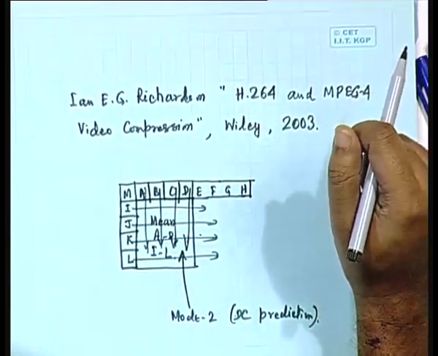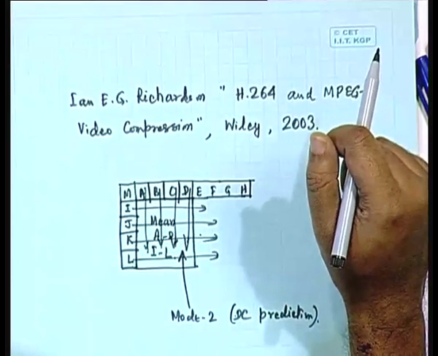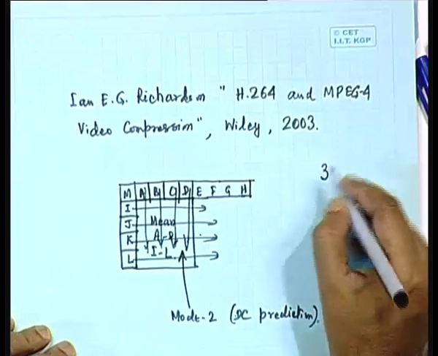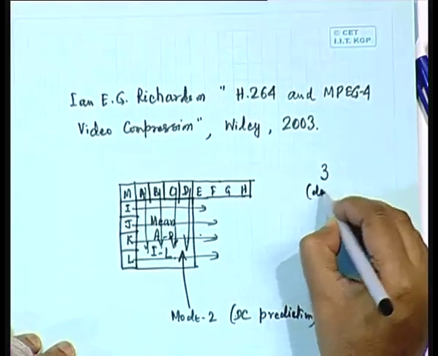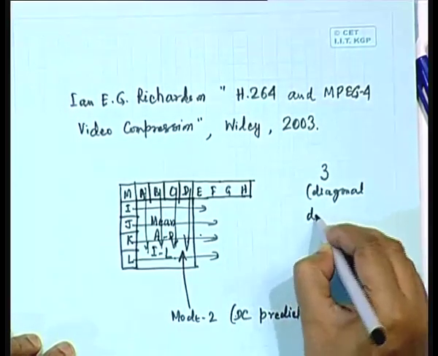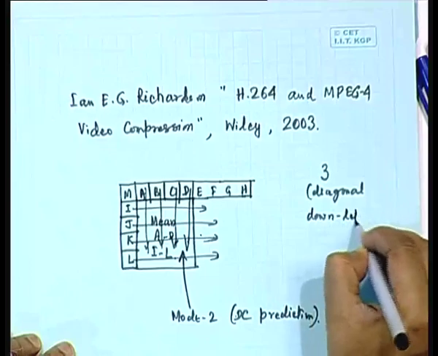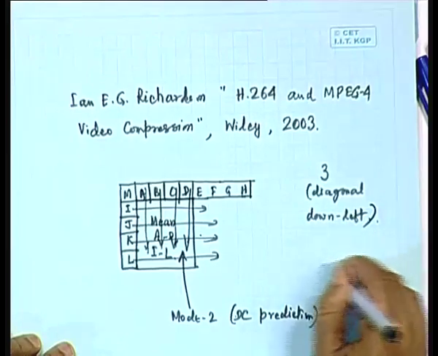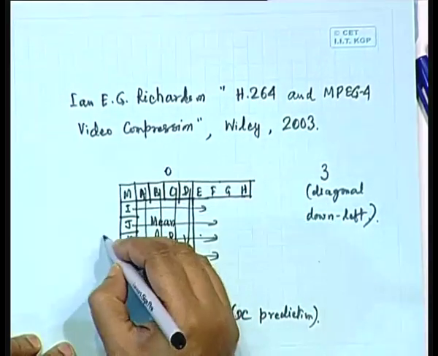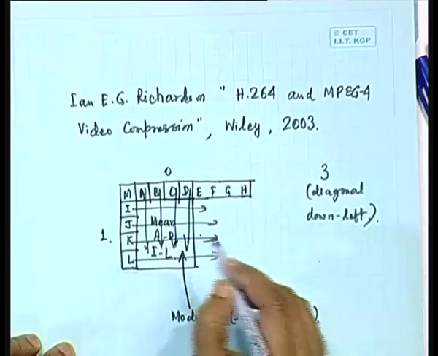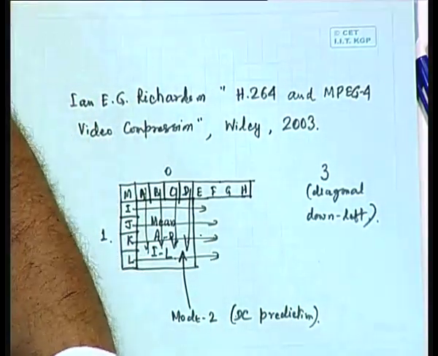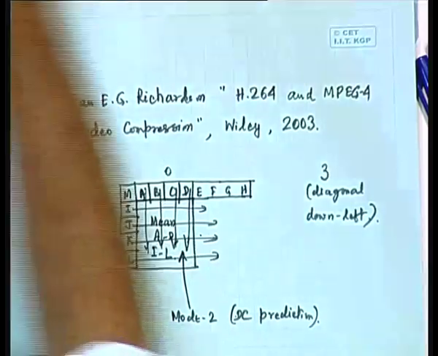And then diagonal also is very clear, meaning that whenever you are having direction 3, direction 3 means diagonal down left. So, as the name implies, diagonal down left. The direction wise you can see that this is going to be mode 0 and this is going to be mode 1. I can just take out the picture.